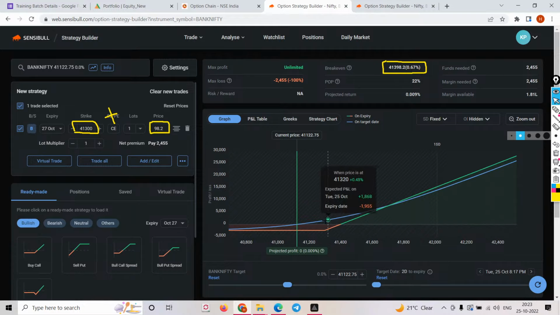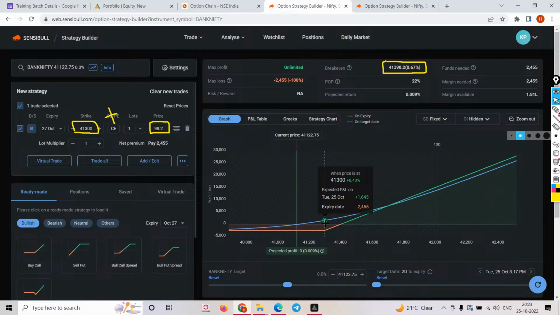No, friends. If you look at this, we were discussing 41,300. Now check the black box. You have Tuesday 25th as 1,645, and on expiry day you see a loss of 2,455, right? So there is a small catch over there.